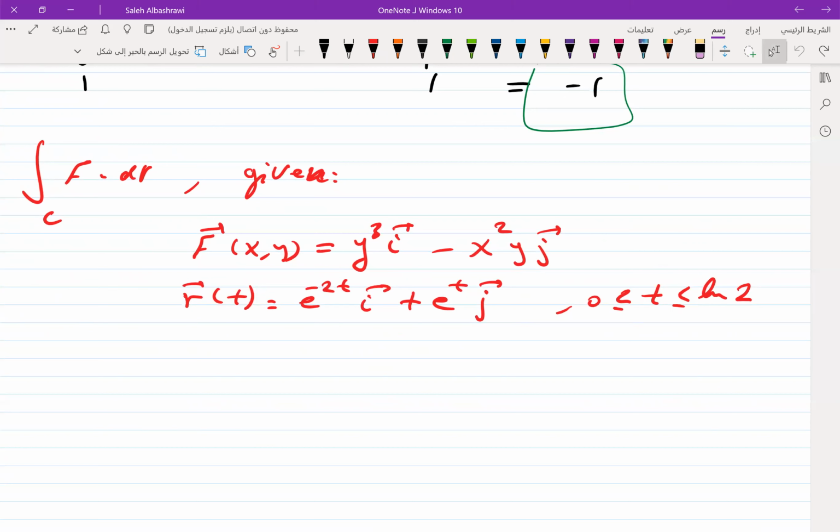So for this one, I know that x equals e to power minus 2t, and y equals e to power t.